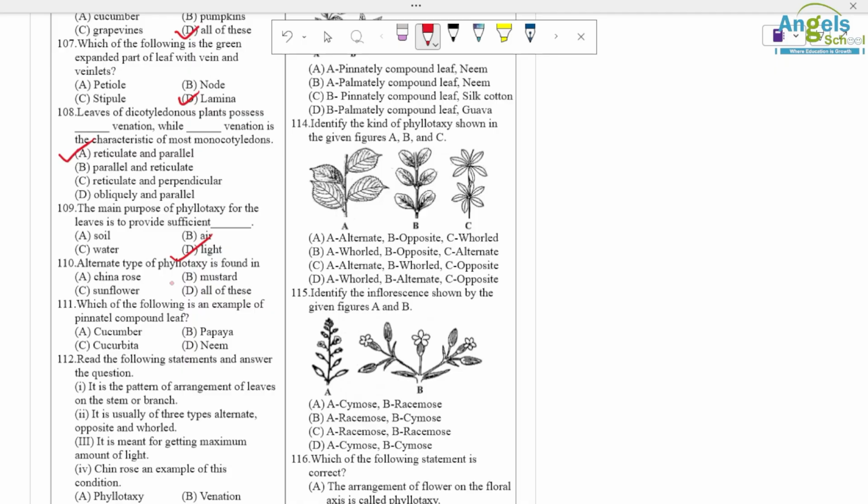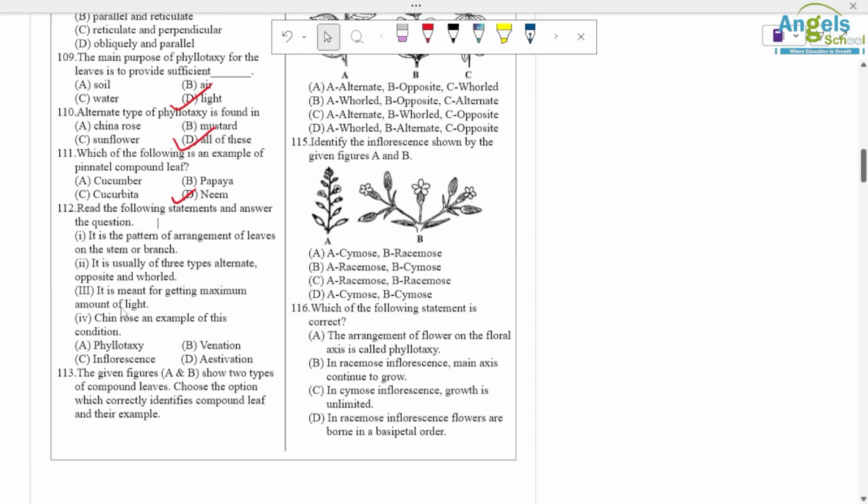Trick is MSC. So mustard, China rose, and sunflower. So all of these are correct. Which of the following is example of pinnate leaf? So pinnate compound leaf is found in neem only.